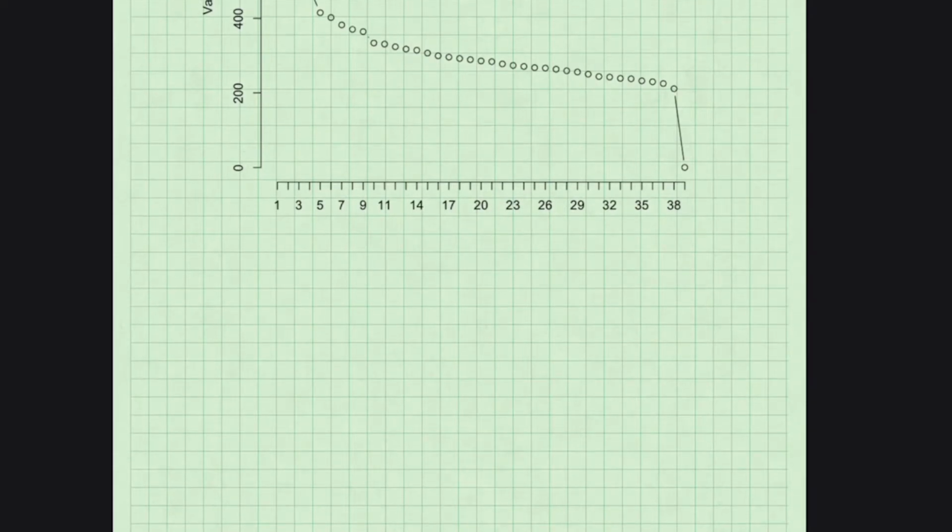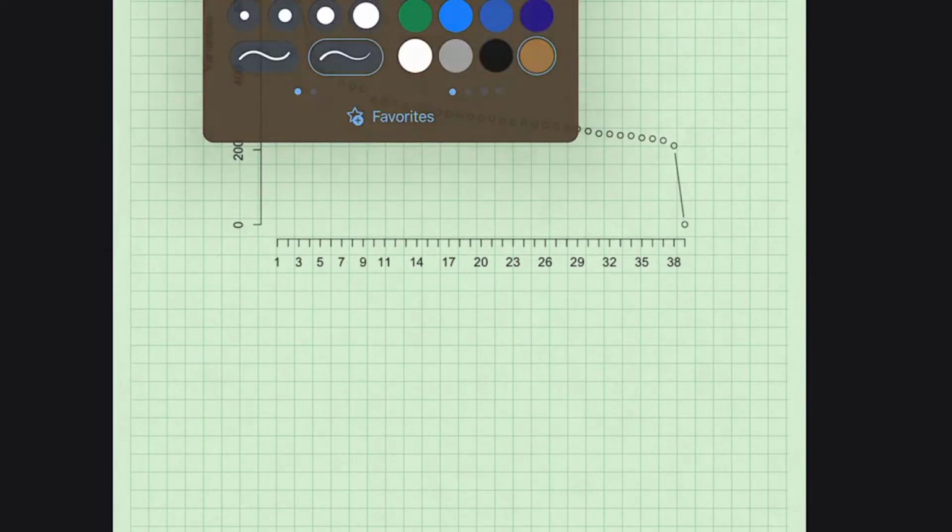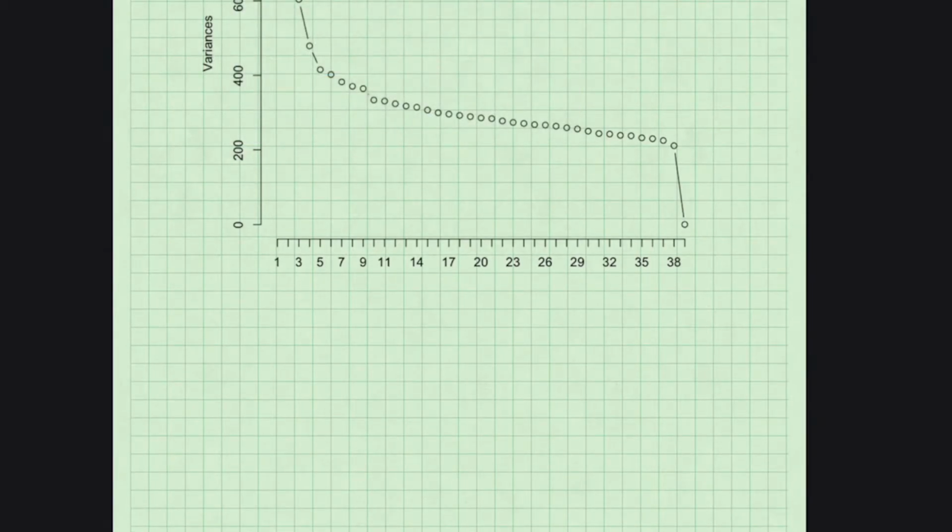So is there a solution to this? Yeah, sort of. It's not really a solution, but it's a kind of approach.